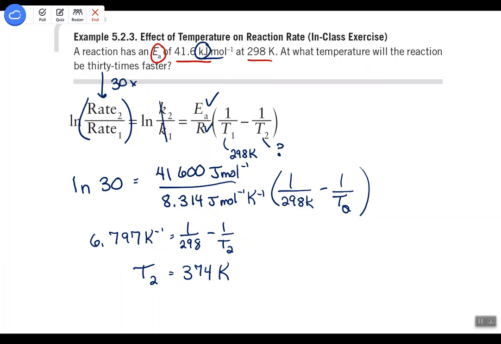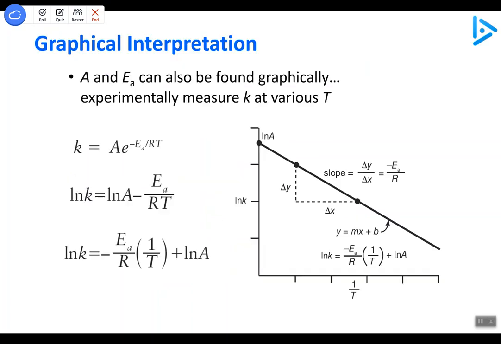Okay, so on the previous problem, I'm going to grab your attention again. On the previous problem, we had 2 experiments that we started with. And then we extrapolated to a new temperature. This may be reminiscent of interpreting a line. And I hope you're not really sick of looking at lines.